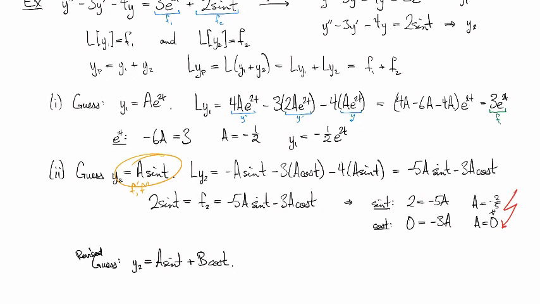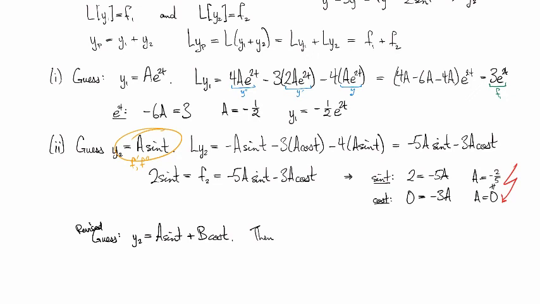So then let's see. If we look at the second derivative of this, we're going to have minus A sine t minus B cosine t, and then we'll have minus 3 times the first derivative, so that'll be minus A cosine t.